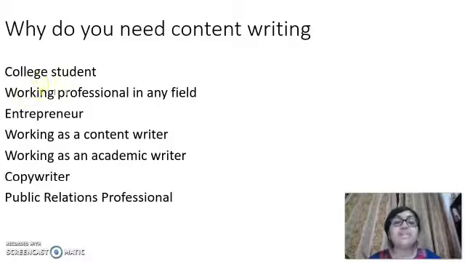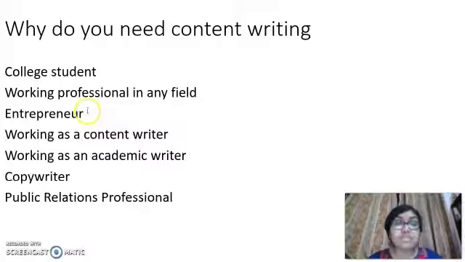And when you work as a professional in any field, you might have to write a basic email, and if your writing skills are not good, it would reflect very badly and you will not be able to progress well. I'm not saying it is a deterrent, but writing skills have to be good whether you work as a content writer or in any field.